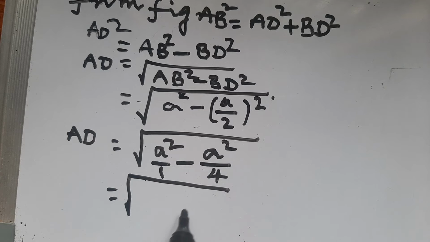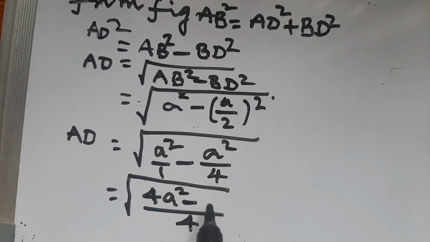LCM is 4, and 4 is there. 1 is dividing LCM 4 times, 4 into A square, 4A square, minus 4 is dividing LCM 1 time, 1 into A square.